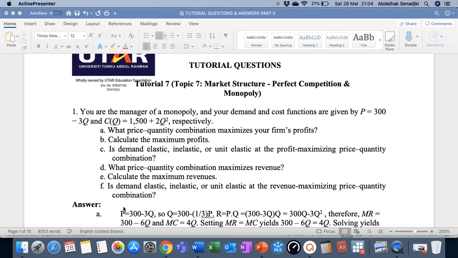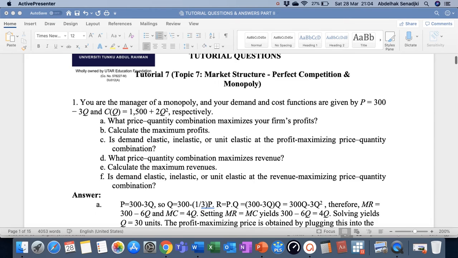So since P equal to 300 minus 3Q, also we can write Q equal to 300 divided by 3 here, so this Q becomes this side. So Q equal 300 minus 1 divided by 3 P, or price.